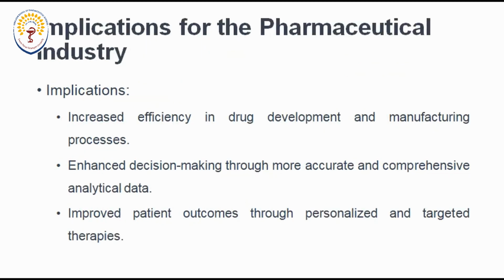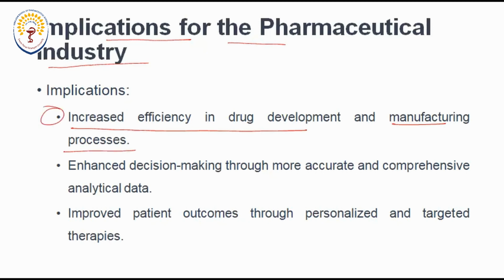Now, what are the implications for the pharmaceutical industry regarding pharmaceutical analysis? See, increased efficiency in drug development is very important, crucial, required. It is also required in drug manufacturing processes. We want to be more and more efficient. So we want good analytical procedures to constantly check our workings.